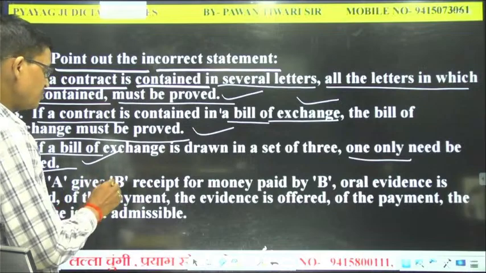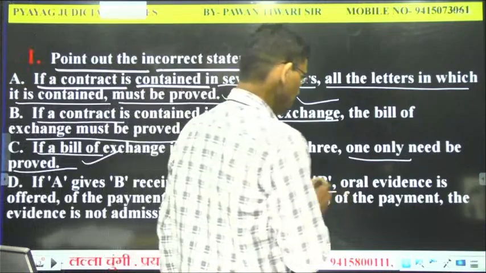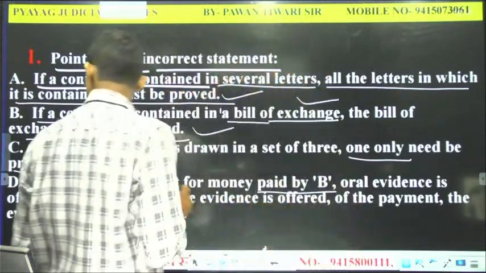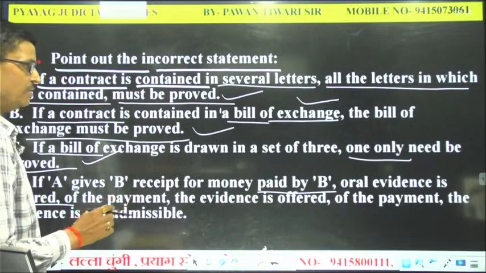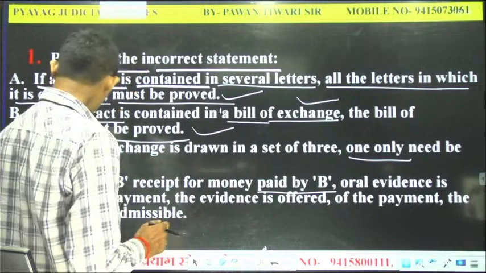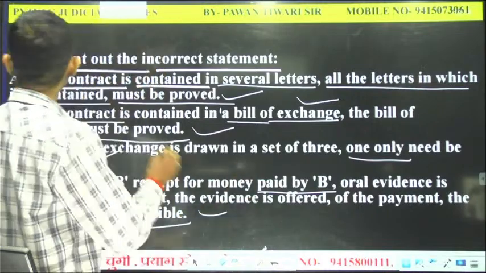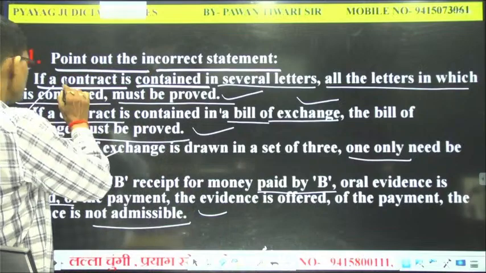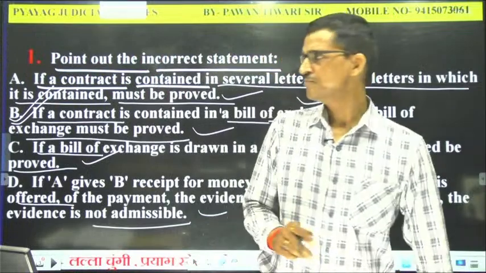If A gives B a receipt for money paid by B, oral evidence is offered of the payment. Yes, the evidence is not admissible. Okay. So, sentence B is incorrect.